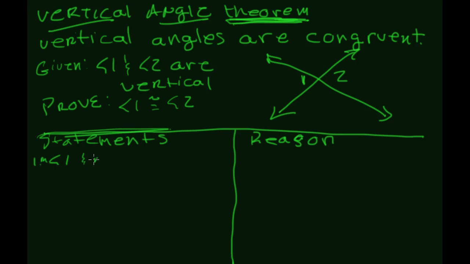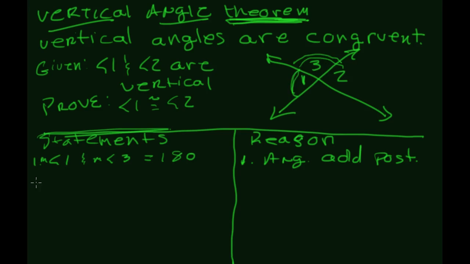So the first statement that I have is that the measure of angle 1 plus the measure of angle, and I'm going to interject an angle 3 in here, have to equal 180. Well, I know that because of what we said before, the angle addition postulate. So if I look, these two angles, this one here and this one here, form a linear pair, which means all total, they have to add up to 180 degrees.